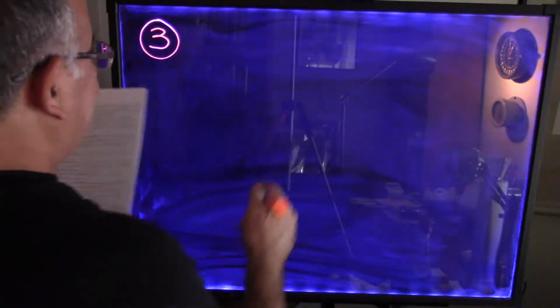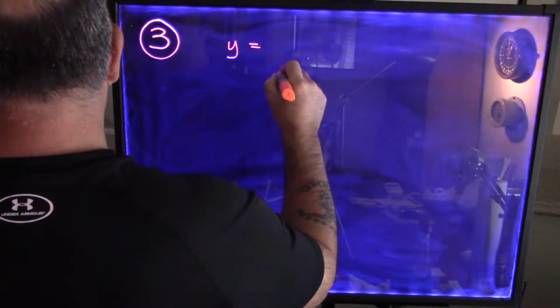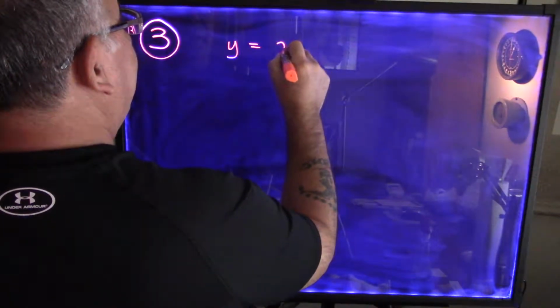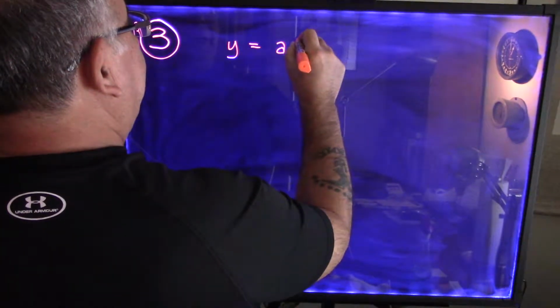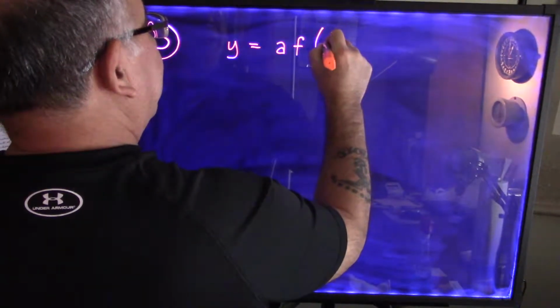Number 3. When examining the formula of a function that is the result of multiple transformations, how can you tell a horizontal compression from a vertical compression? In general it'll be written like this, or you can get it into this form: y equals some constant a times f of x divided by some constant b.